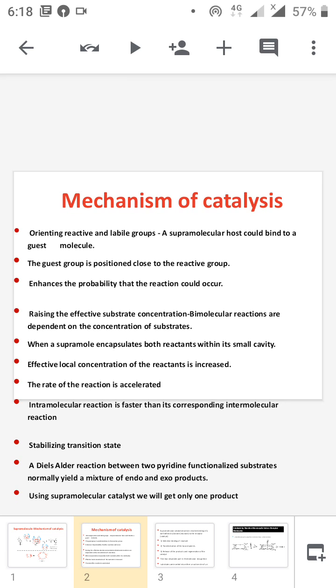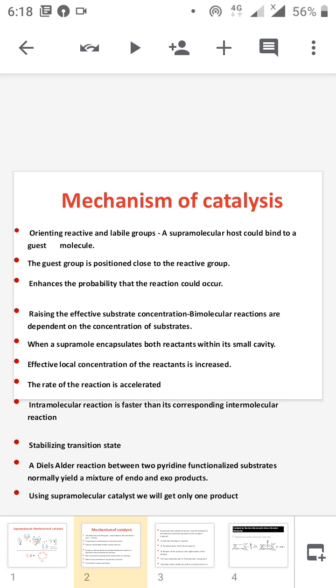This is mainly due to the increased concentration inside the supramolecule, and the intramolecular reaction is faster in supramolecular chemistry than the corresponding intermolecular reaction, and the supramolecule stabilizes the transition state in the catalytic process.